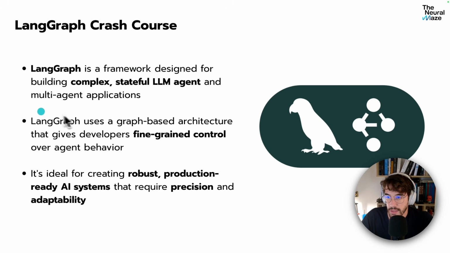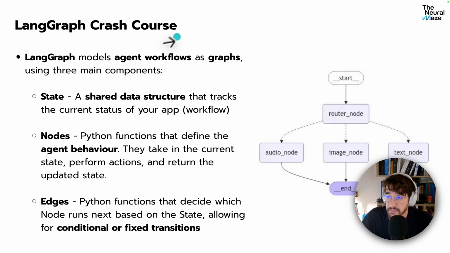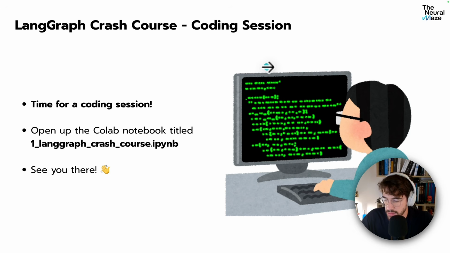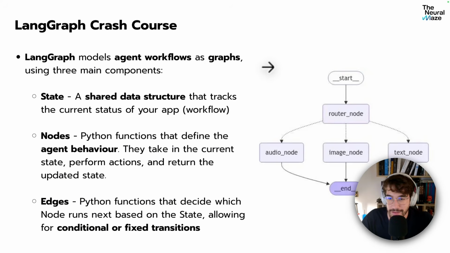LangGraph, as I was saying, uses a graph-based architecture that gives developers fine-grained control over agent behavior, and is ideal, as I said before, for creating robust, production-ready AI systems that require precision and adaptability. I can assure you that it's a bit arid in terms of theory, but we are going to get to the code in just one slide.